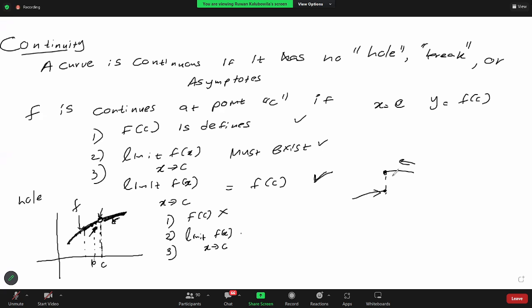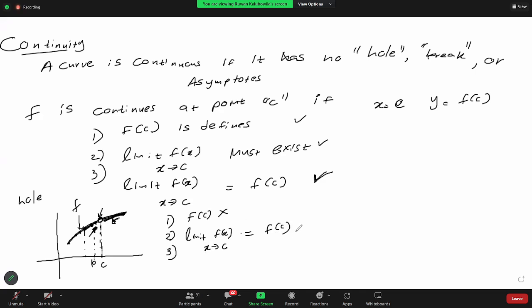So these two are not equal, right? But in here, there is a limit, right? So the second part is okay. Yes, it exists, and we can write the limit as f(c), right?